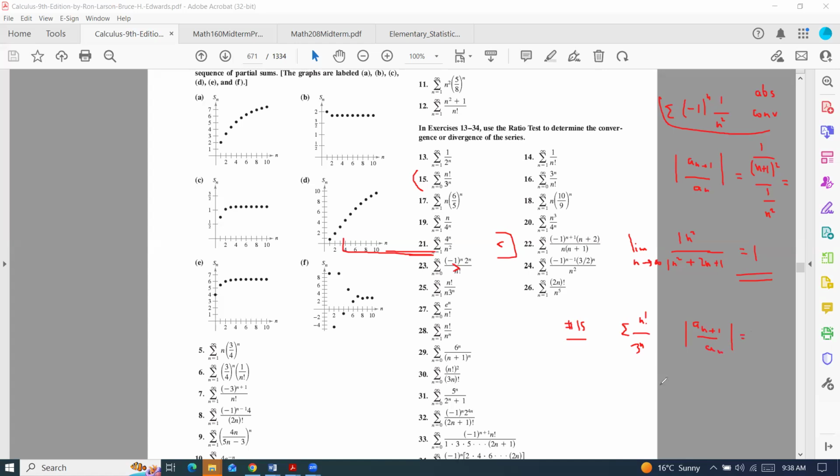So I put, again, n plus 1 instead of n, and that will be for my fraction 3 to the power of n plus 1 on the top, and on the bottom, it will be n factorial and then 3 to the power of n.